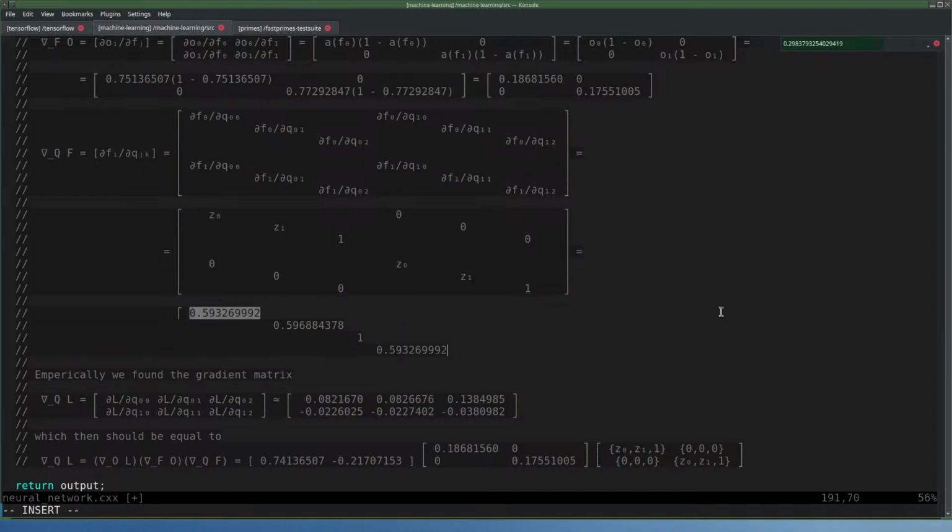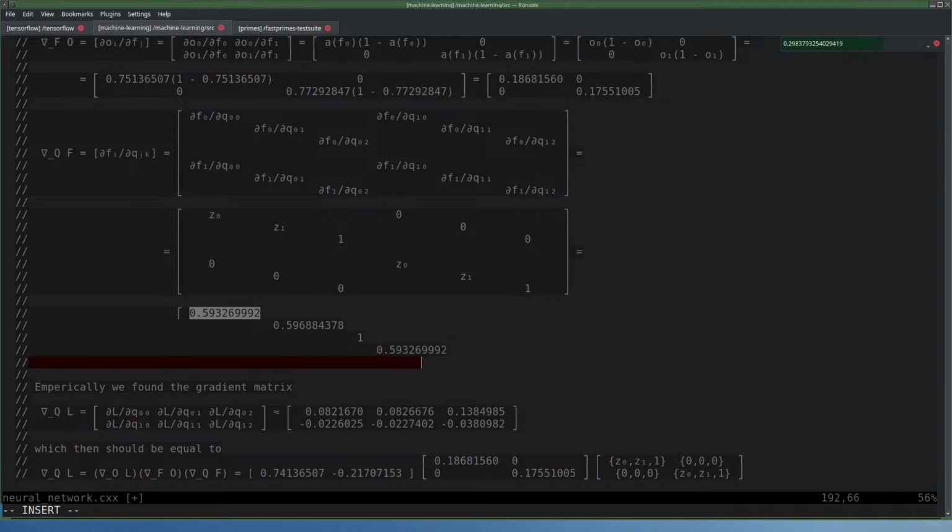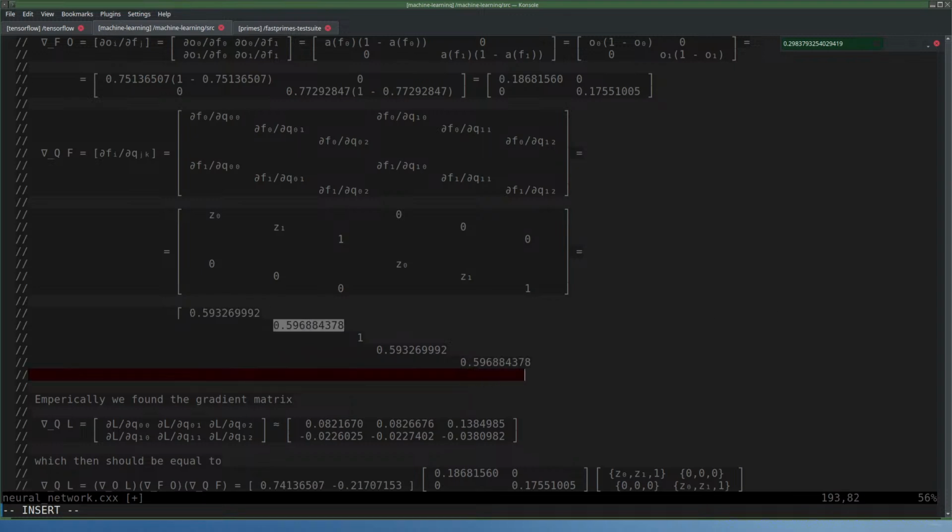I don't know, just repeat the same thing. Yeah, here I put an empty line between the rows.